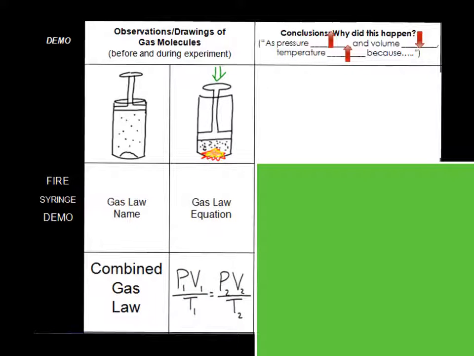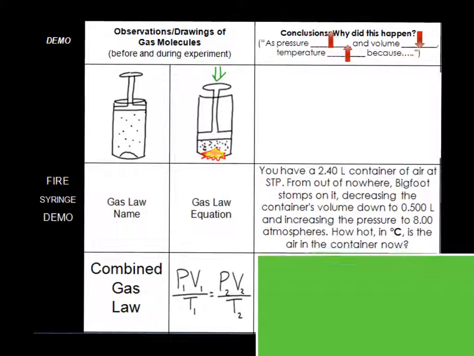This was an example of the combined gas law. And the combined gas law equation is P1V1 over T1 equals P2V2 over T2. And then our very last problem says you have a 2.4 liter container of air at STP. From out of nowhere, Bigfoot stomps on it, decreasing the container's volume down to 0.5 liters and increasing the pressure to 8 atmospheres.